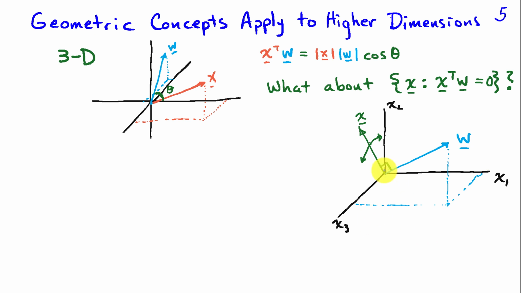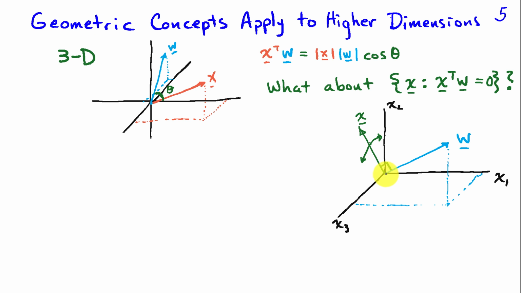Well, in 3 dimensions, you can see here I've sketched the w somewhat coming out of the frame of the video. I've sketched one particular vector x that is orthogonal to that w, forms a 90-degree angle with respect to w, and clearly I can rotate this vector x around that axis formed by w, and I'll always stay orthogonal.